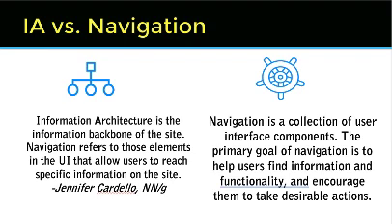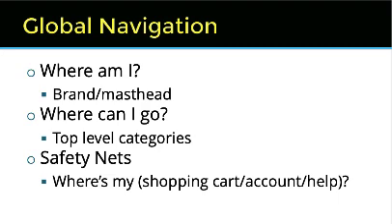Whereas navigation refers to those specific user interface components that the user clicks on to link and move around in the website or in the app. So when we say global navigation, we're referring to that navigation on a website or an app that helps the user to know where they are.